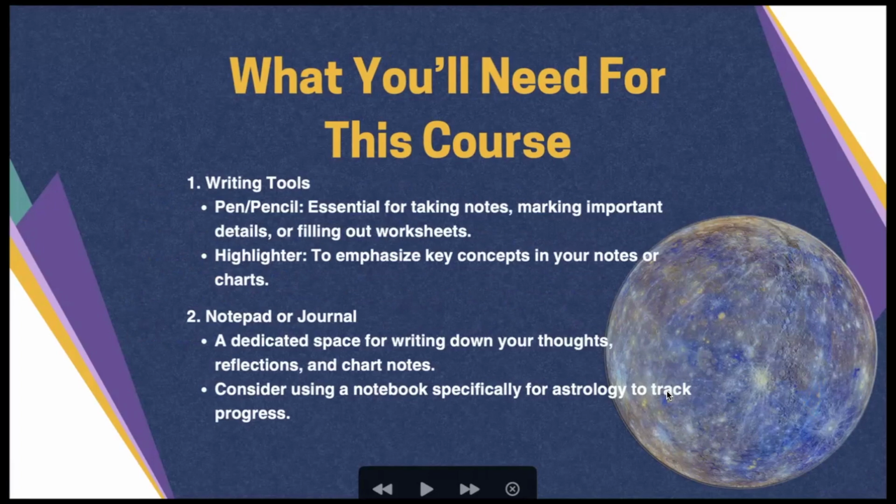I cannot stress the importance of taking great notes so that you can, one, learn about your chart the best you can, or two, start your journey of becoming an astrologer, and you're using this course to become an astrologer. And those notes are going to help you in the future when you begin to read charts for others.